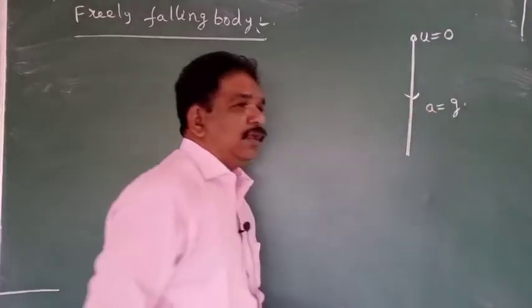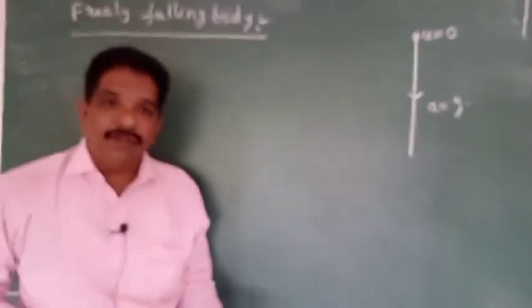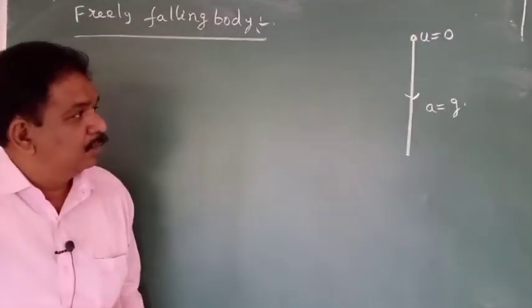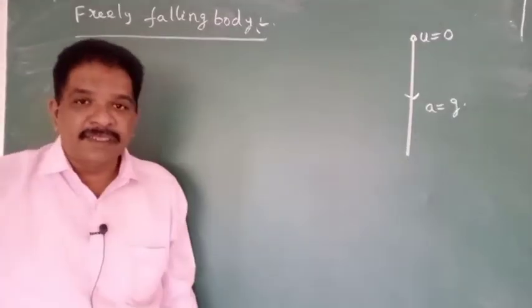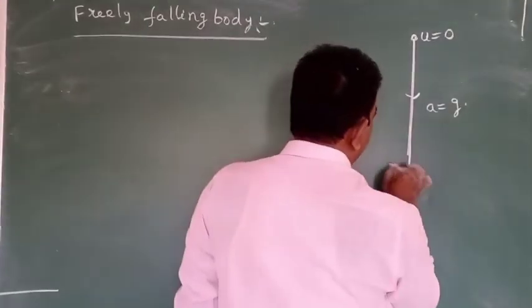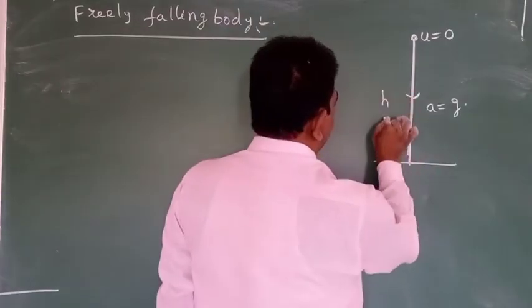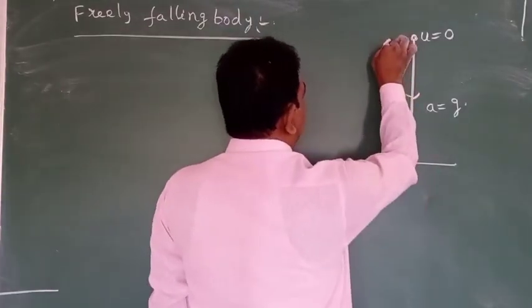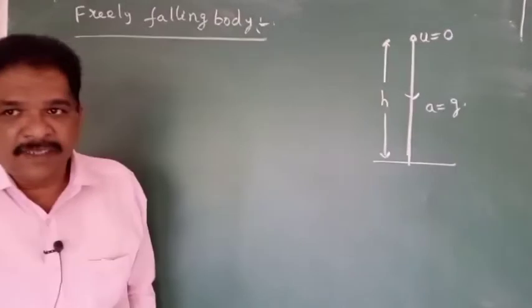For a freely falling body, u is equal to 0, and a is equal to g. Clear? I am assuming the height of the body is h.